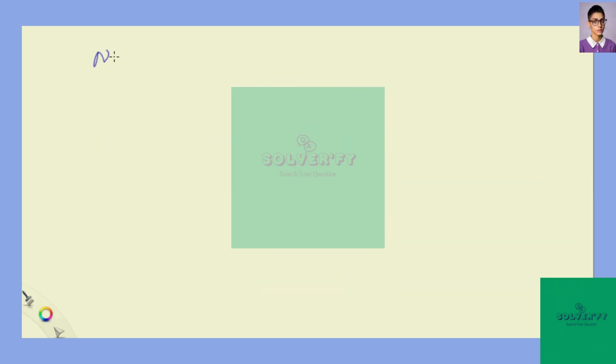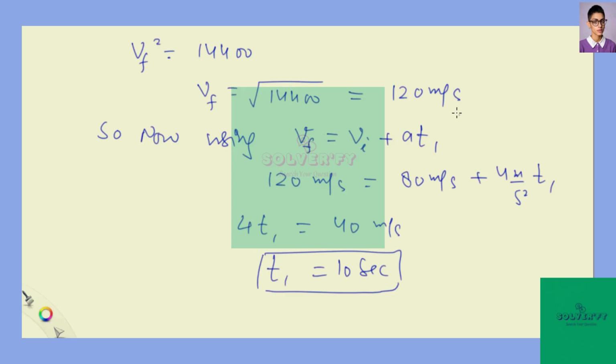So now, for retarded motion, the final velocity during accelerated motion, this Vf, will serve as the initial speed for the retarded motion.